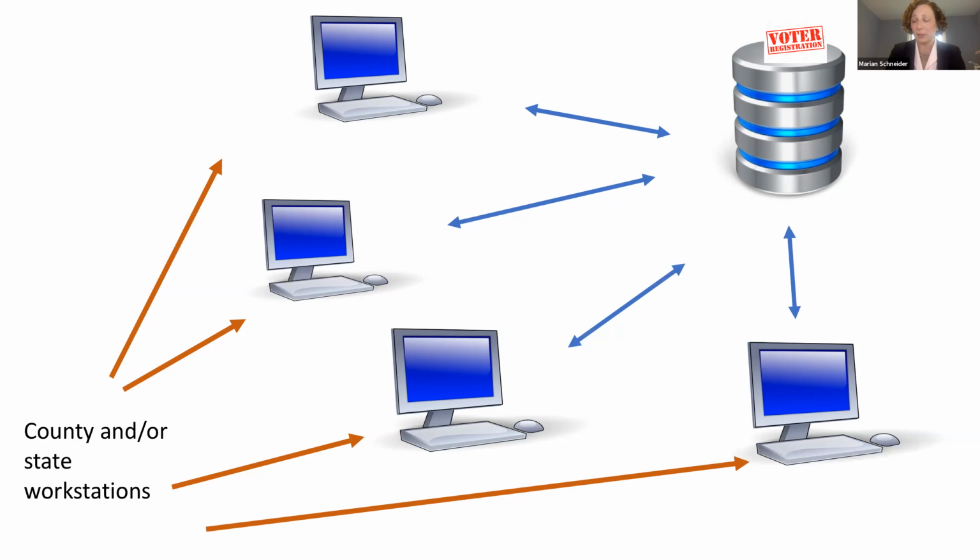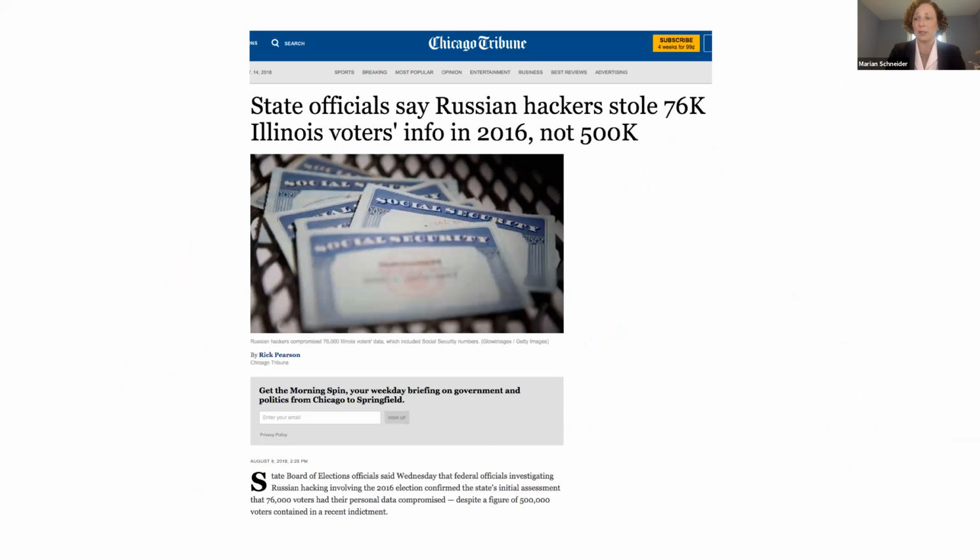And because of those network connections, it could be breached. So as we saw in 2016, the Illinois registration database was breached, and the Arizona voter registration database was also breached. They were different actors, but this is what a hack could look like in 2018.